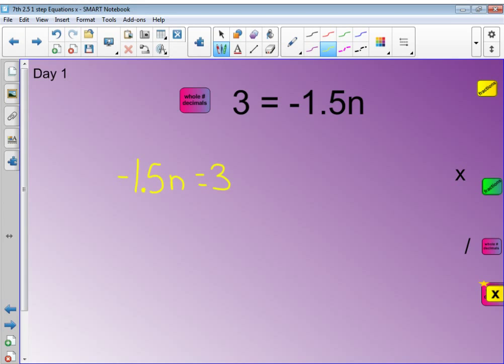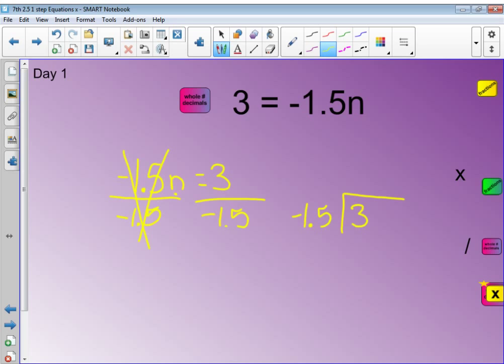Now if I look at this, I need to get the negative 1.5 away from the n. So I'm going to divide by negative 1.5. You could use a calculator to finish this out, but I'm going to work the division longhand. So I've got 3 divided by negative 1.5.